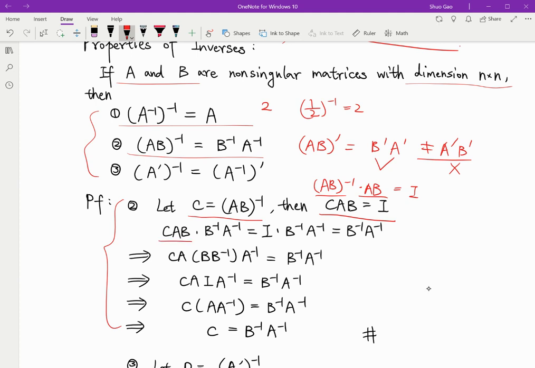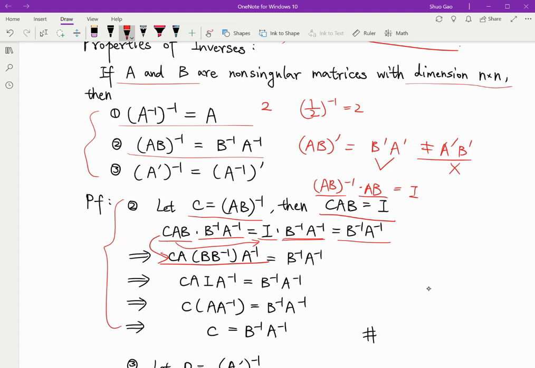And so this thing times B inverse A inverse should just equal I, because we know that CAB equals I. So this is just I times the same thing. And we know that the product of the identity matrix and any other matrix is the other matrix itself. So I times this matrix should just be the matrix itself, B inverse and A inverse. Okay, and so we can rearrange this like this, so we don't change the order, right?